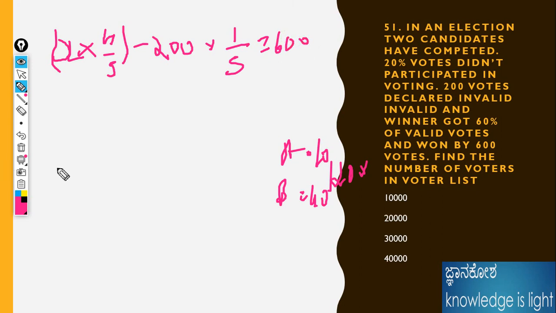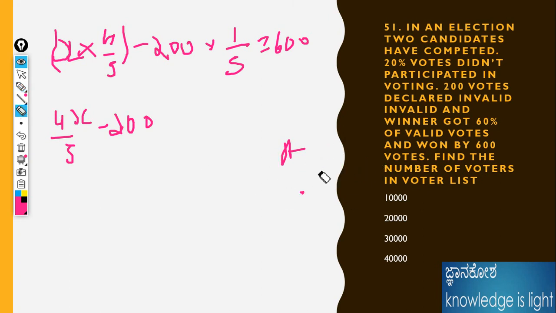Then I could write 4x divided by 5 minus 200. I'll remove this one anyway. 200 into 1 by 5 is equal to 600.